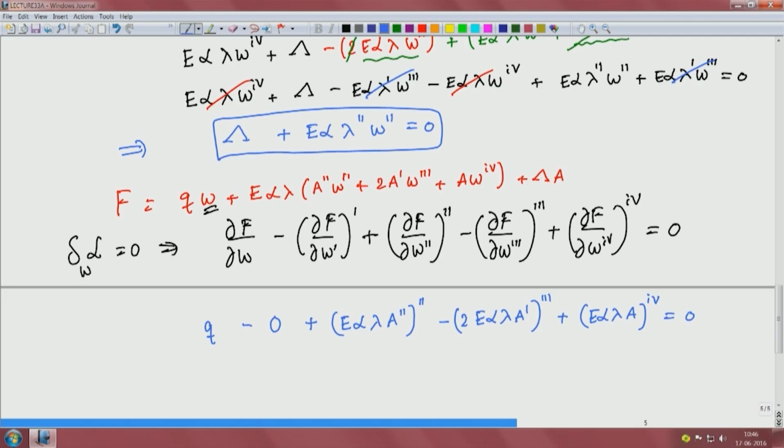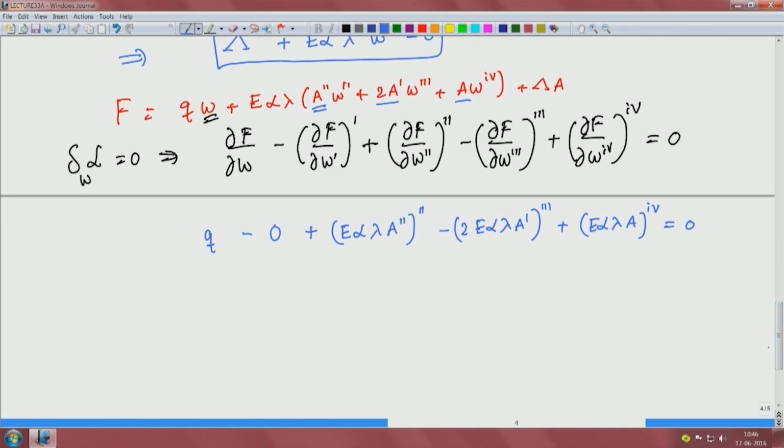So, w there is only q, w prime is not there, w double prime we have this term, w triple prime we have this term, w 4th derivative we have that, and E alpha lambda is there for all of them.